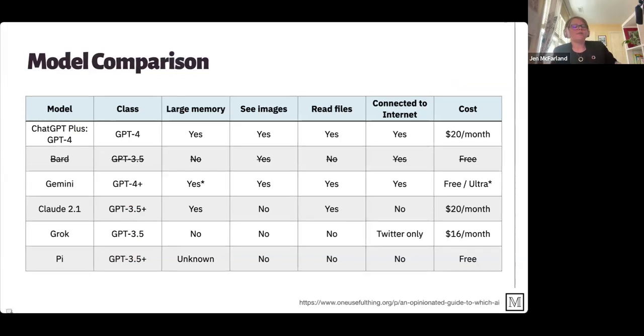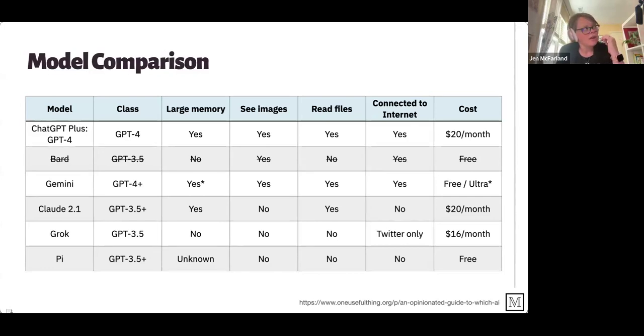This is a chart table. As you can see, it has a bunch of the high profile language models. The first one in here is ChatGPT Plus, which is GPT-4. It is kind of the top of the mountain, so to speak, with respect to models at this point. The GPT-4 models are the best performing models that we have.